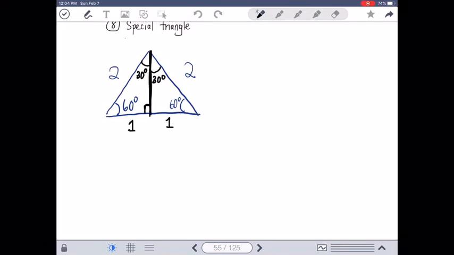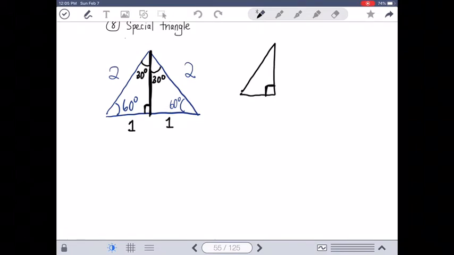And what is the height? According to Pythagoras theorem, since we have a right angle triangle, take half of it.